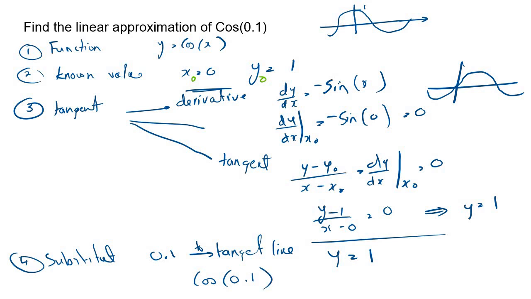0.1. So let me explain this as a graph. We have seen that the cos graph is of this nature.